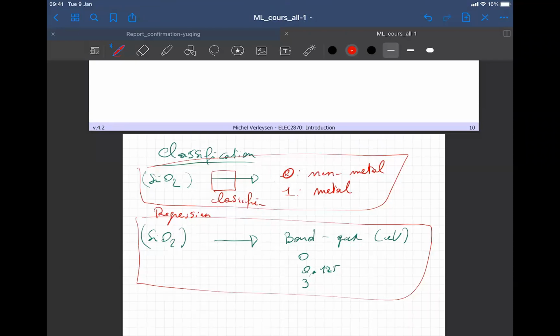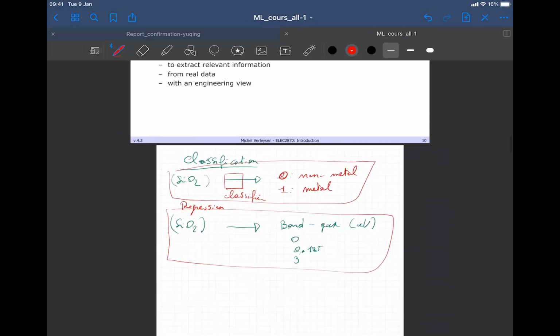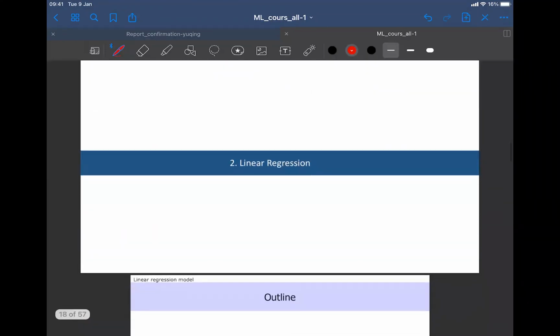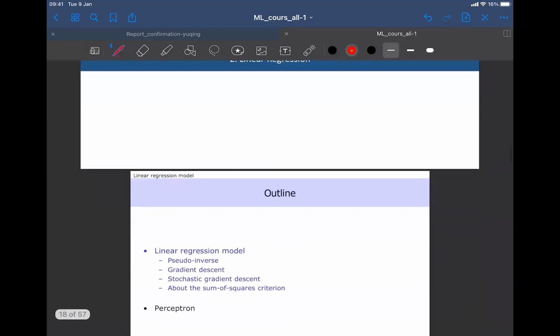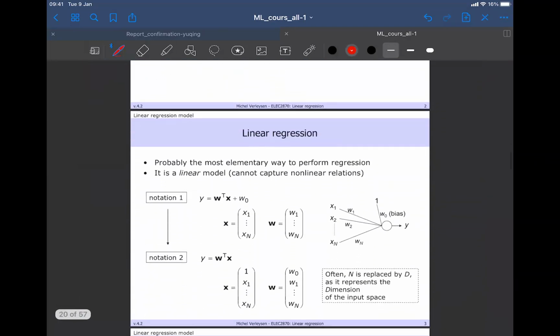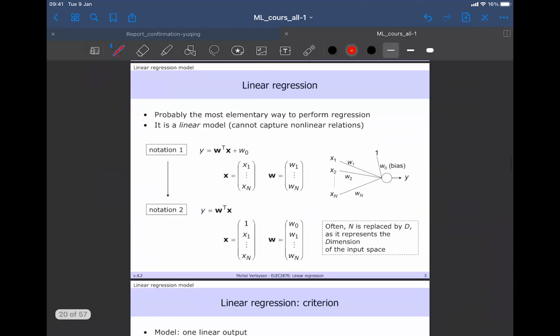I think I've answered all the questions. Okay, so let's make the first learning algorithm, and this will be the linear regression.